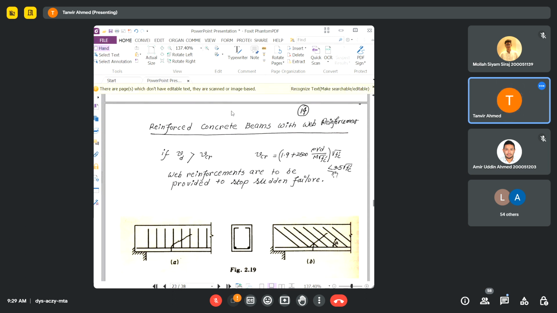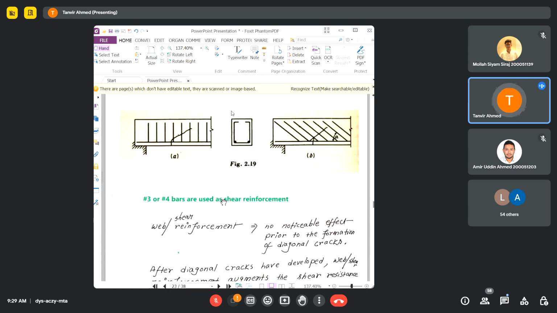But in addition to the strength provided by the concrete, you need support from the stirrups, and you can provide the stirrups in many ways. You can provide the stirrups vertically like this, and you can provide the stirrups in an inclined way like this.